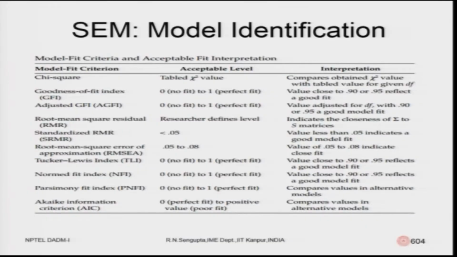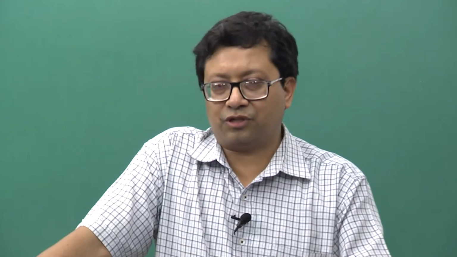The root mean square residual would indicate the closeness of the overall covariance-variance matrix of the population with respect to the sample. Obviously, the greater the difference, the higher the variability in the sample with respect to the variability in the population, which is low. As you compare the mean values of the population with the sample, you also consider the closeness of the standard deviations and covariances of the population with respect to those of the sample.